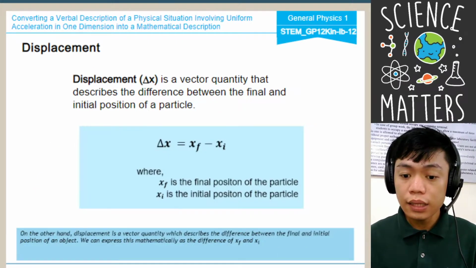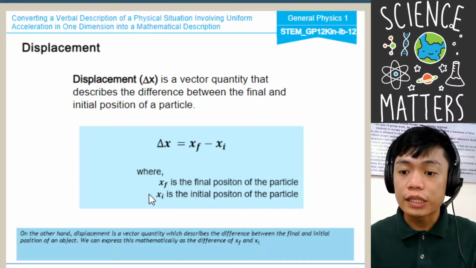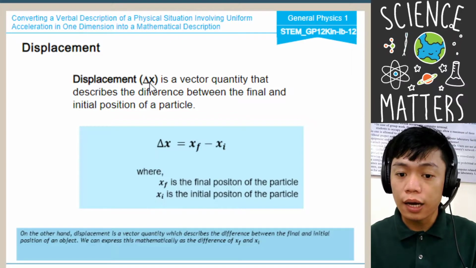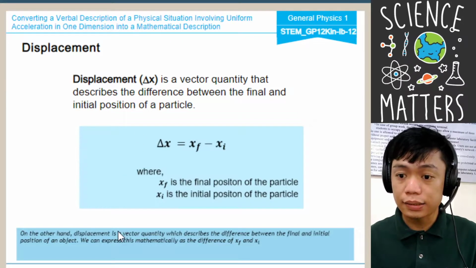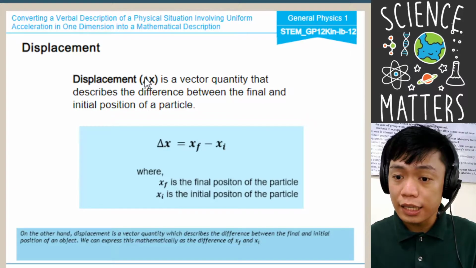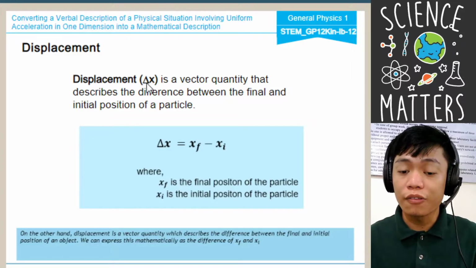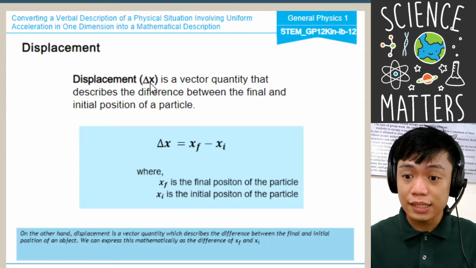Okay? So next is displacement. The symbol for displacement is Δx. Okay, kapag nakakakita kayo ng triangle na ganun, it is the change of the position. Okay? x kasi is our position.